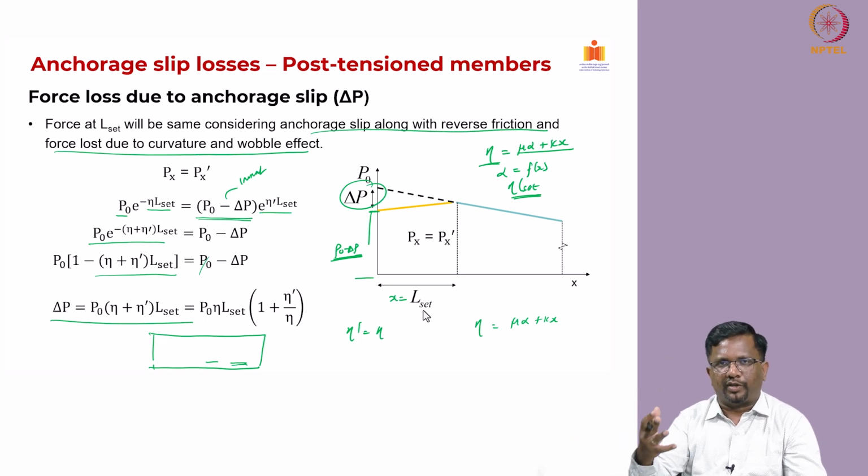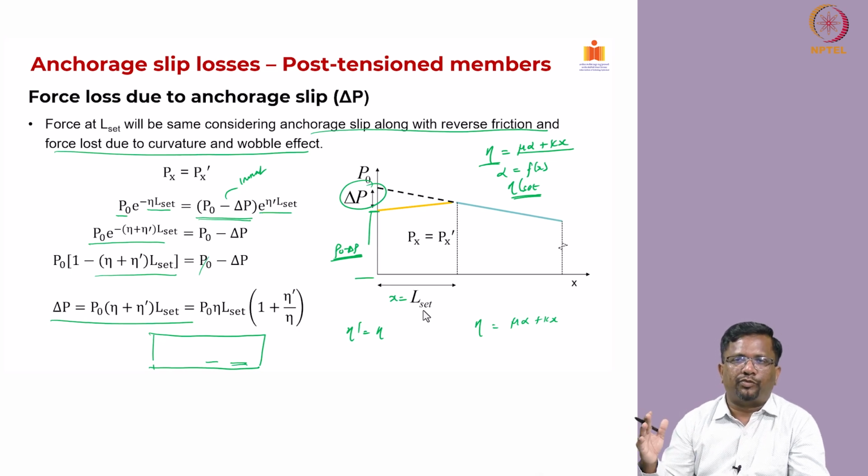The overall effect will now take in. So, using these values, I can clearly establish a force variation diagram, which is very important from the design point of view. That is the reason we have to see the effect of anchorage slip and the reverse friction, and why it is at x equal to L set. This is important to find the expression for your setting length, so that you can use the exact forces in your design.